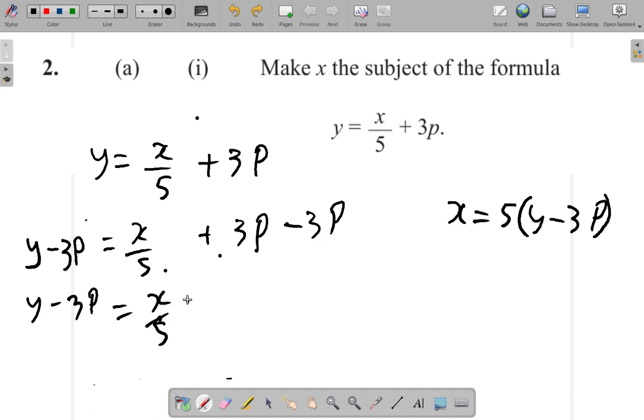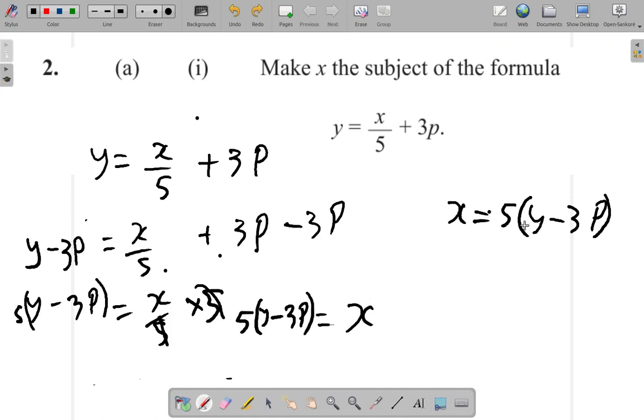So if I multiply by 5, 5 cancels 5, and I will have x alone equals. But multiplying by 5 on the right, I must multiply by 5 on the left too. So I multiply everything here by 5, put it in a bracket and multiply by 5. I have 5 times y minus 3p equals x.